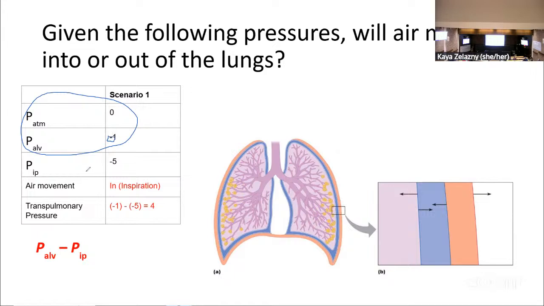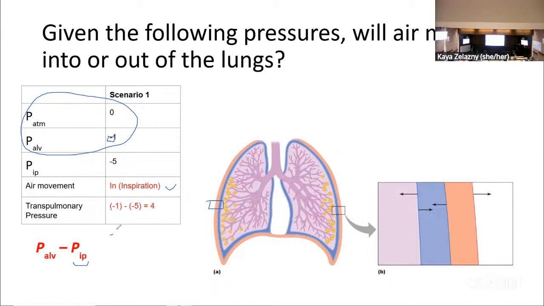In this case, we've got a negative alveolar pressure, so it's lower than our atmosphere, pulling air in like a vacuum towards that negative space. So air movement goes in. If we wanted to calculate our transpulmonary pressure, to make sure that the lung is sticking to the chest wall, we would subtract our intrapleural pressure from our alveolar pressure.